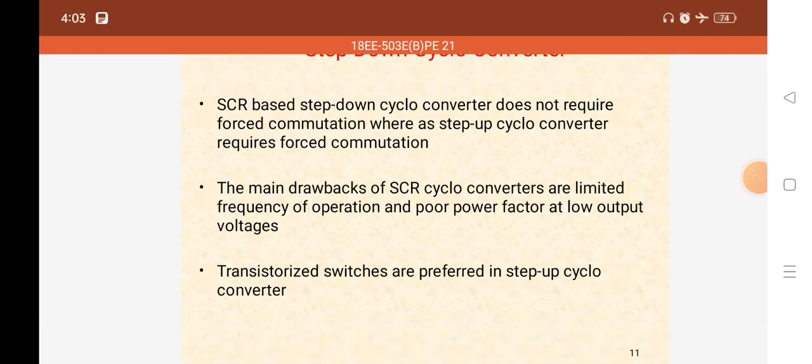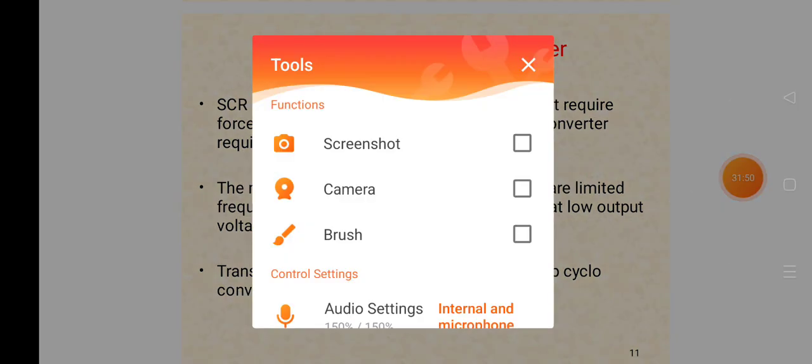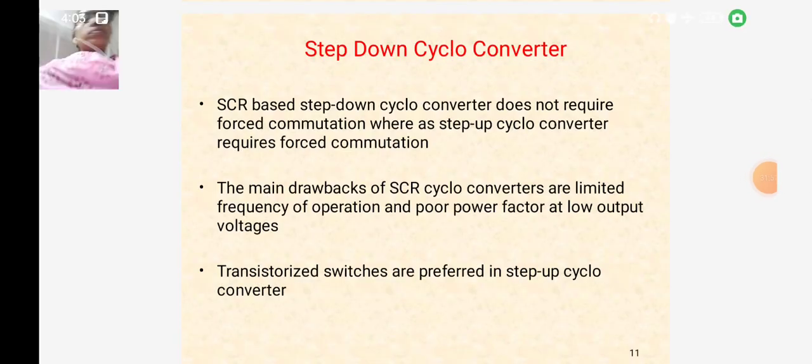For the step up cycloconverters, we will discuss the full explanation in the next class. But now, in step down cycloconverters, the SCR based step down cycloconverter does not require forced commutation, whereas step up cycloconverter requires forced commutation.